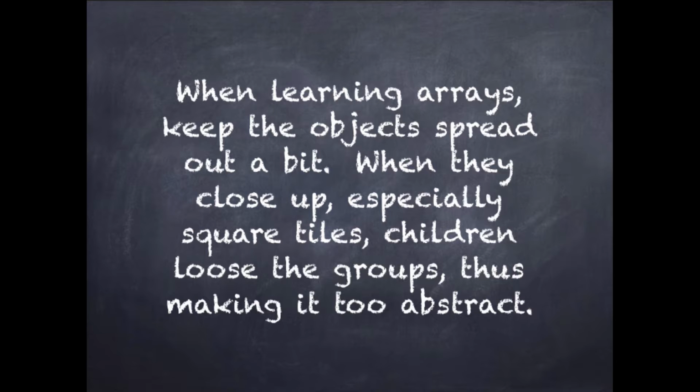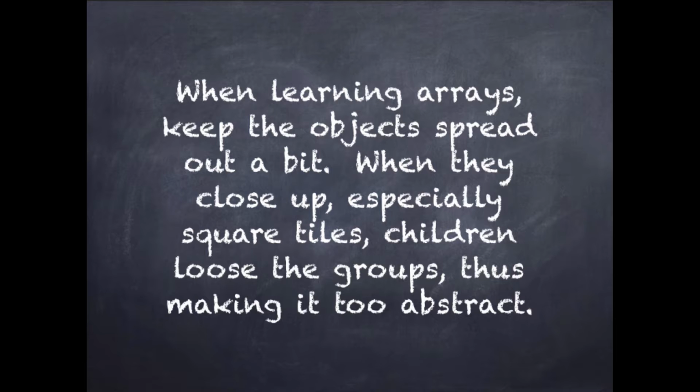So the biggest advice I would give you is have them start off with making groups. Then have them put those groups into columns or rows, and then have them stack those rows near but not touching, so one row on top of the other, or the columns next to each other, so they can see that their columns come from their groups.